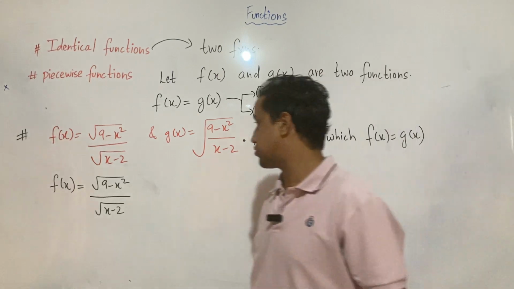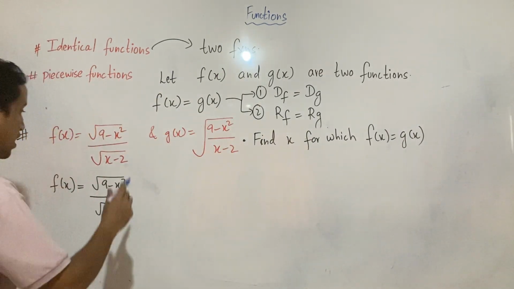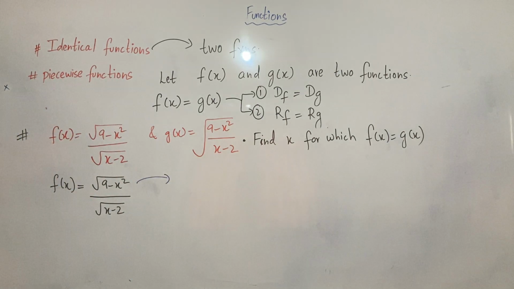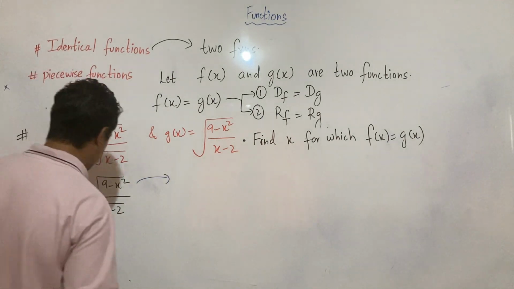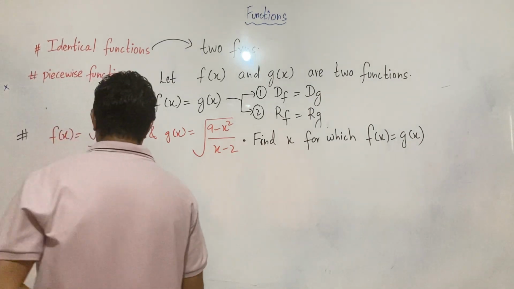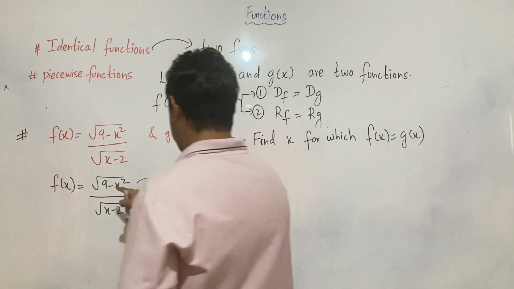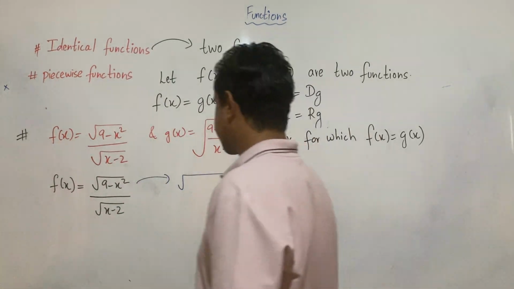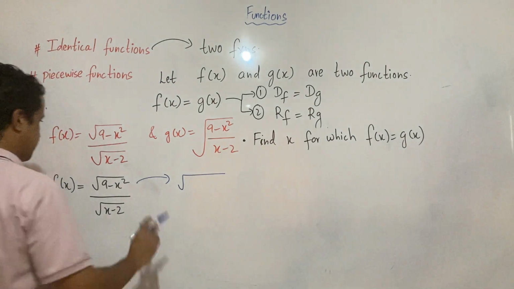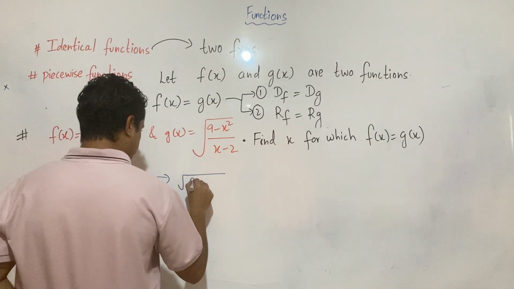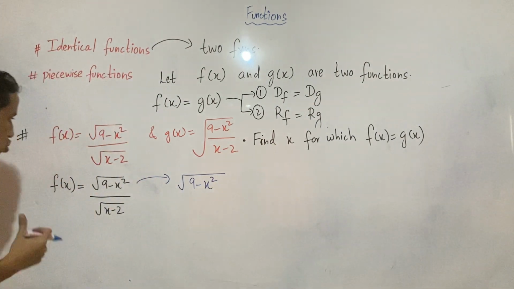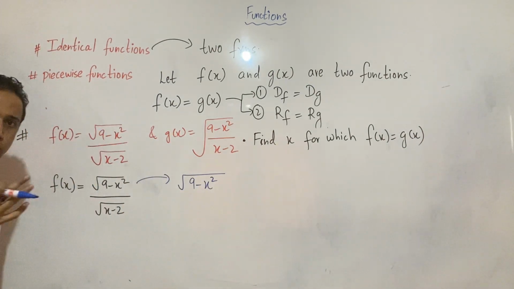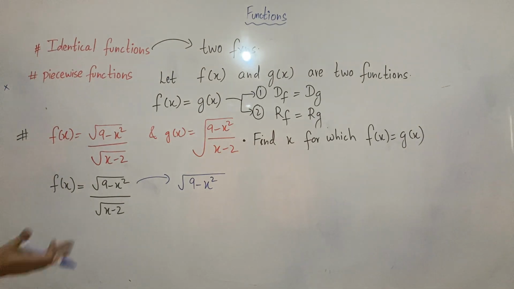But this is the denominator. We'll figure it out later. First, come to the numerator. In the numerator, we have 9 minus x square. This whole thing has to be greater than 0, right?